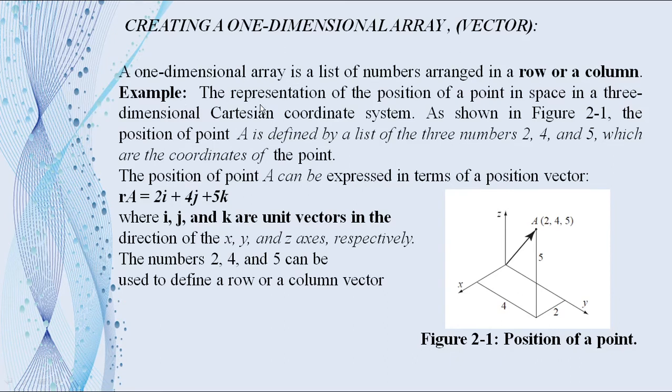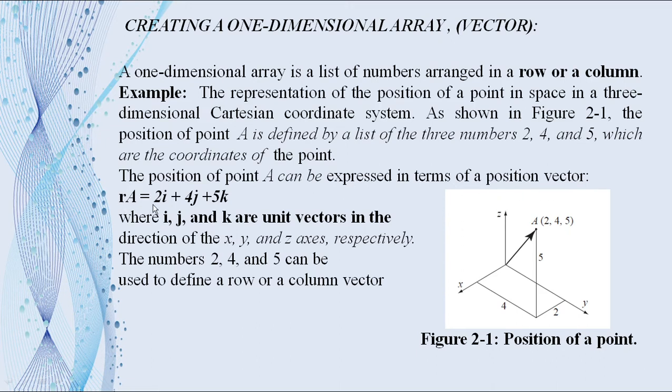Example: the representation of the position of a point in space in a three-dimensional Cartesian coordinate system, as shown in figure 2.1. The position of point A is defined by a list of three numbers, 2, 4, 5, which are the coordinates of the point. The position of the point A can be expressed in terms of a position vector.